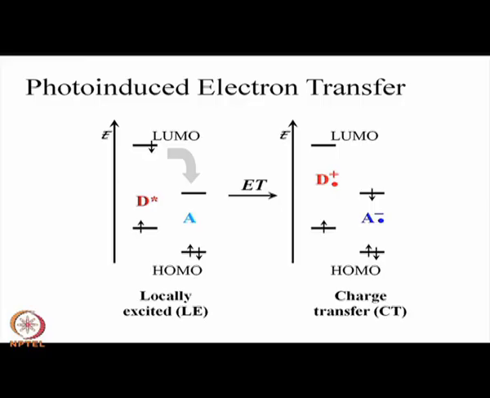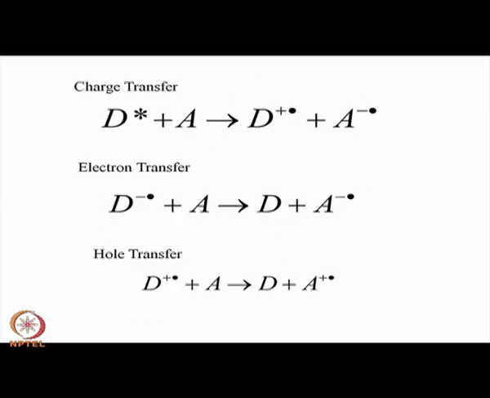In those cases electron transfer takes place in the ground state, but here it is basically a photo-induced electron transfer. The electron is initially promoted to a higher level of the donor, and then it is transferred. Again, charge transfer, electron transfer, hole transfer, these are the three things that generally happen.